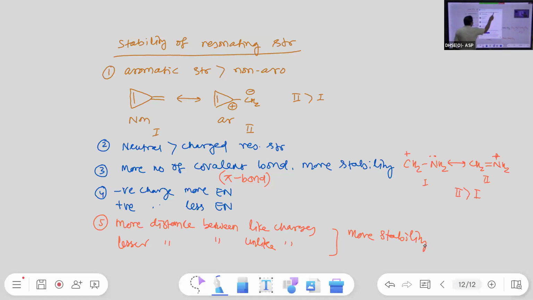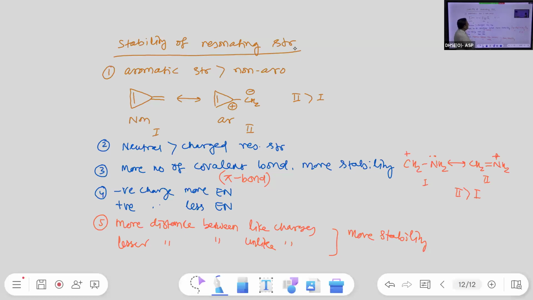First rule. Okay, Pushpanjali, what is the doubt? First rule is: an aromatic resonance structure is more stable than a non-aromatic resonance structure. You have already studied aromaticity and Huckel's rule. Now the structure should be cyclic. Second, it should be planar or nearly planar.